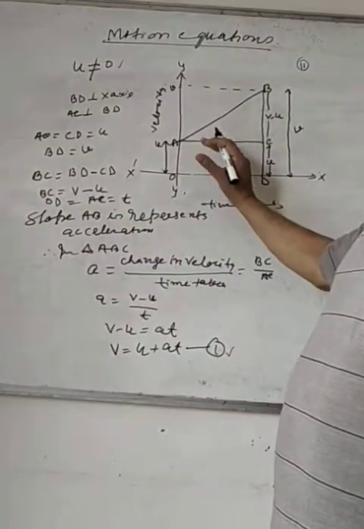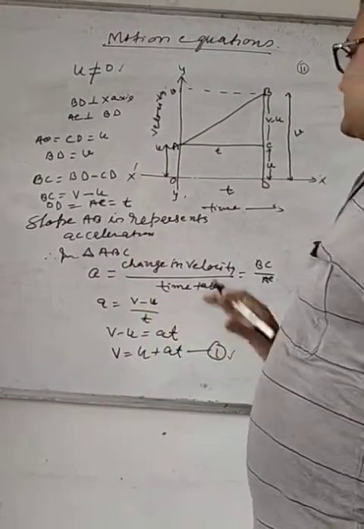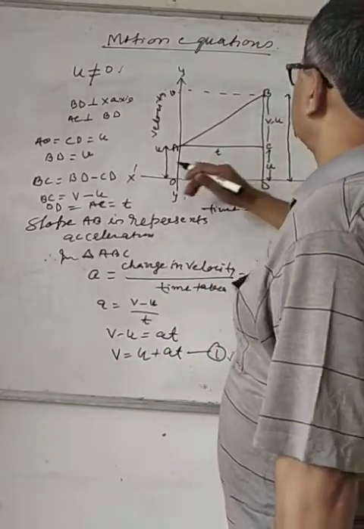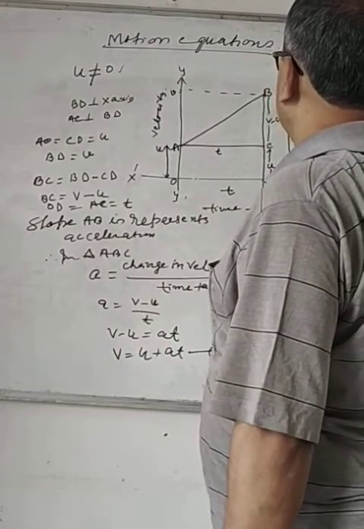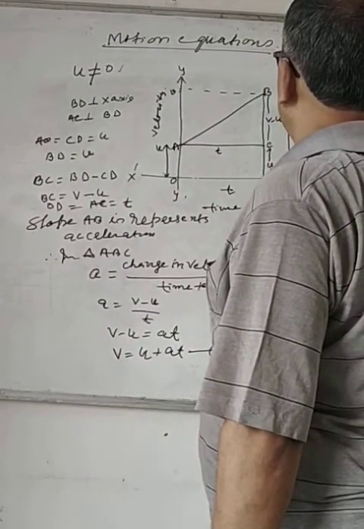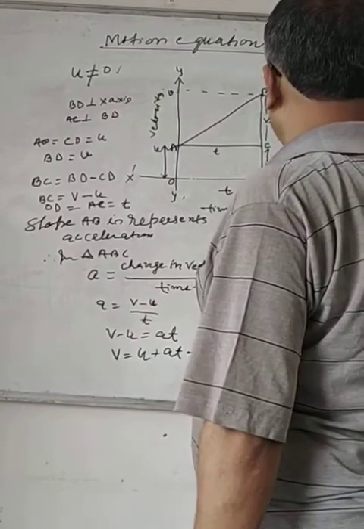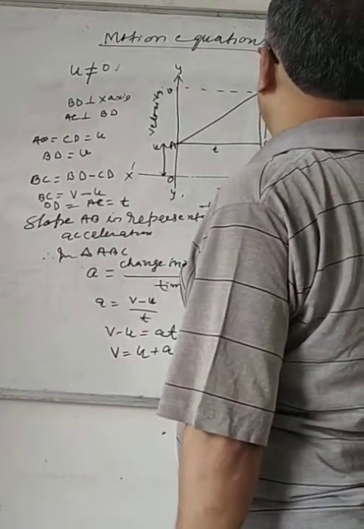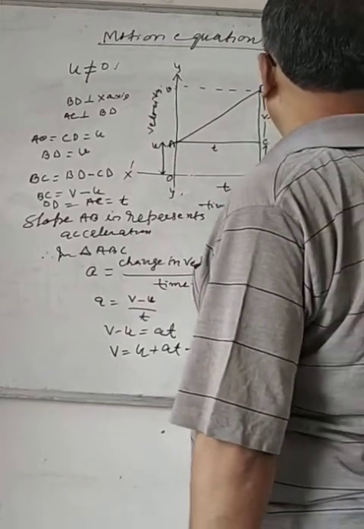So the displacement is equal to the area of OABD.